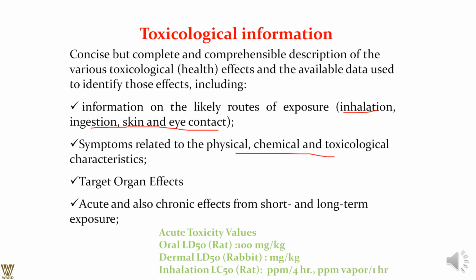What are the target organs? Is it your kidney, liver, lungs, or spleen? Is it the lower or upper abdomen? The target organ information tells about acute and chronic effects of short and long term exposures, which can be severe and irreversible. These are all mentioned in the toxicological section.